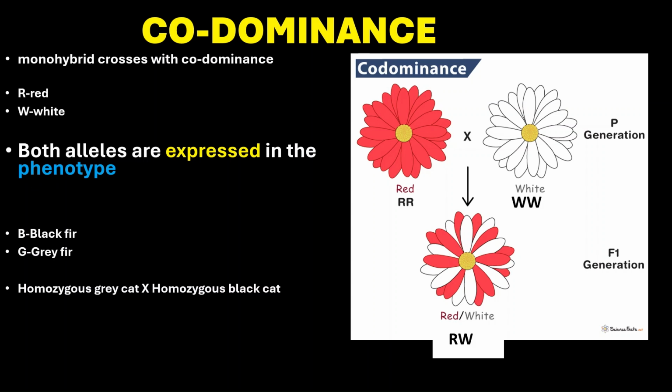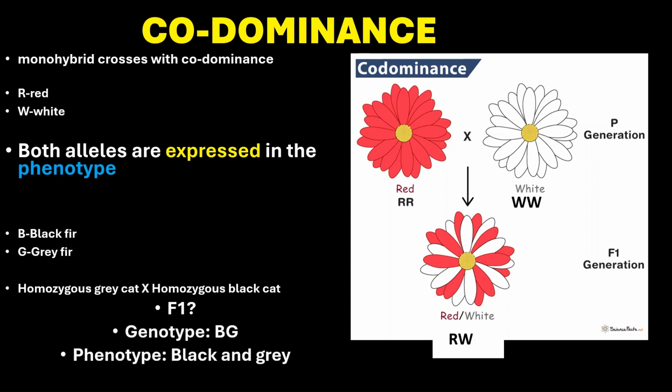According to codominance, the kittens will not be all black, neither will they be all gray. It's going to be a perfect combination of the two colors appearing at the same time. So the phenotype is going to be black and gray.